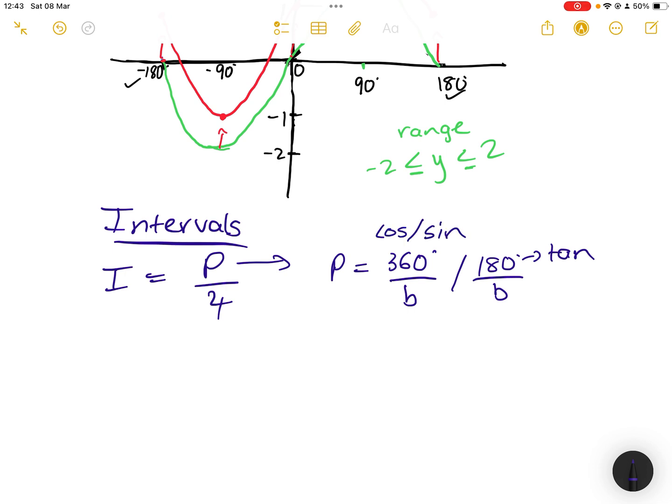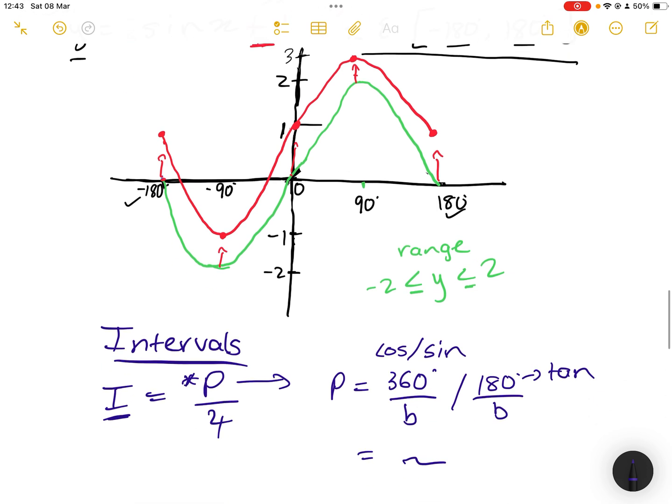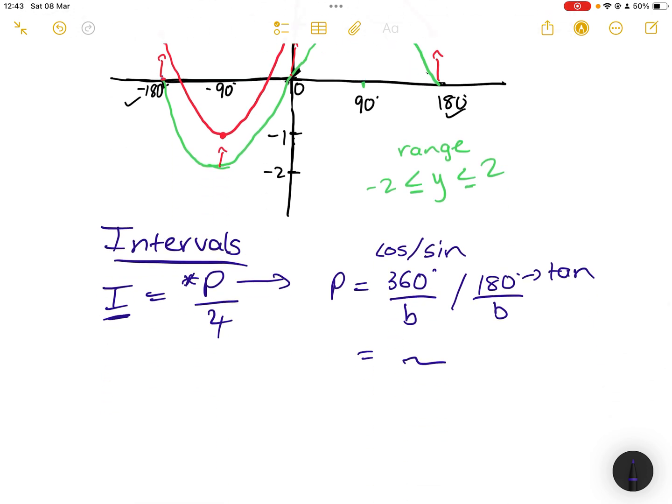So first get your answer for the period, then take that answer and put it here for the interval. In this case the period was 360, so 360 divided by 4 is 90. So we are moving in intervals of 90: 90, 180, 270.